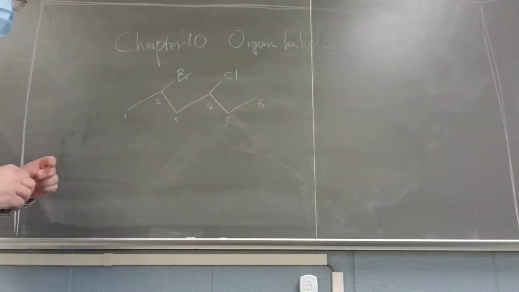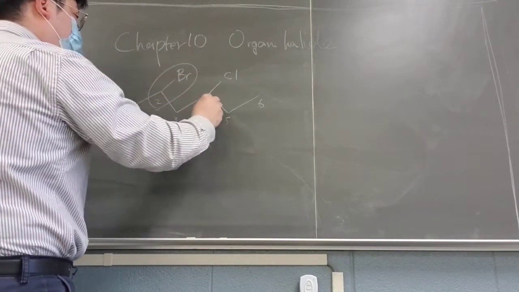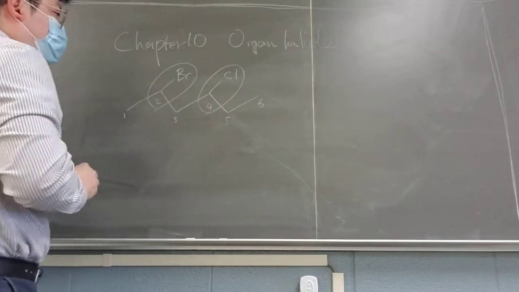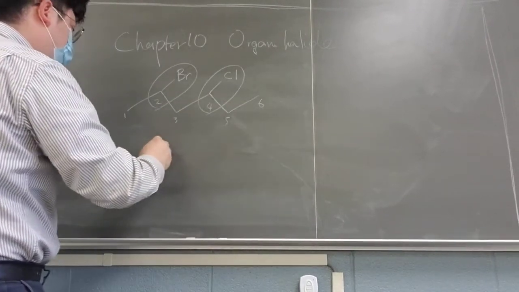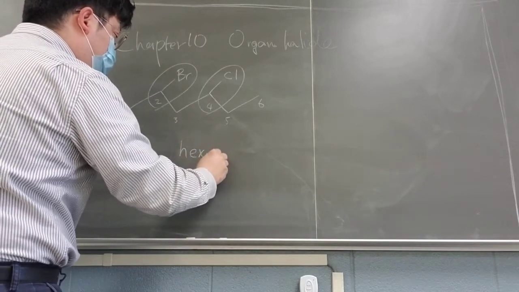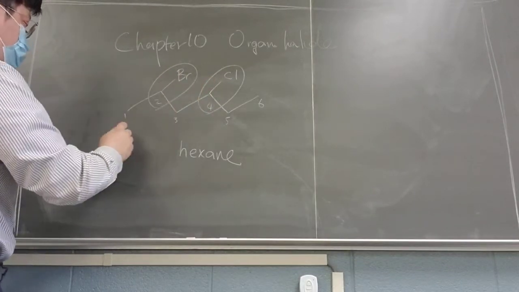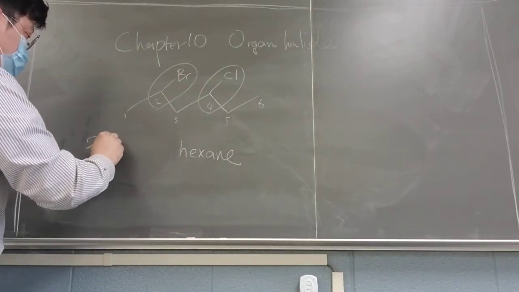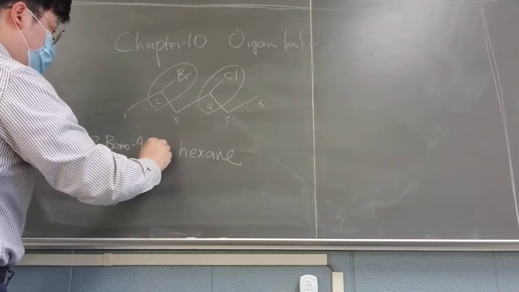If you do this one, you get 2 for bromo and 4 for chloro, and there are 6 carbons in the base, so it'll be hexane. But I'm gonna put the bromo and chloro in alphabetical order, so it'll be 2-bromo-4-chlorohexane.